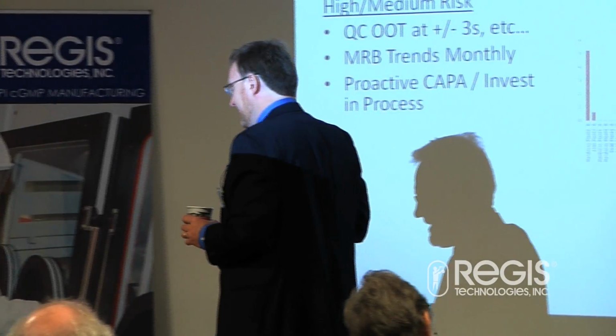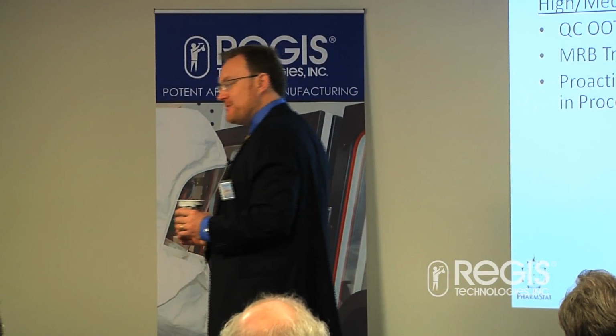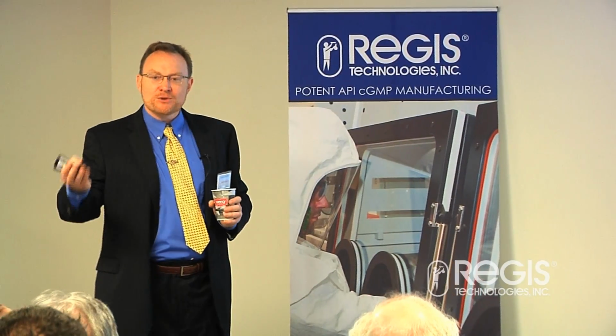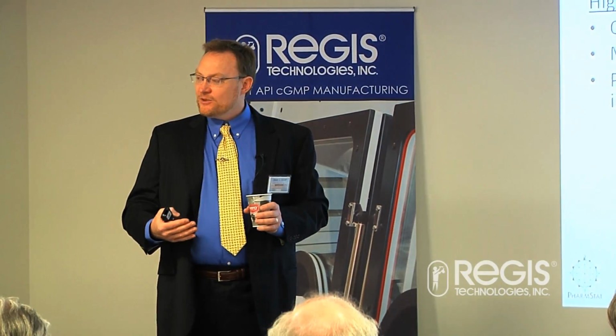But the regulators have stopped short of being prescriptive of what OOT means. It just could be used. Yeah? And those same sorts of things, an investigation around why did it go out of trend? It may not hold up lot release, but it may still require some explanation.